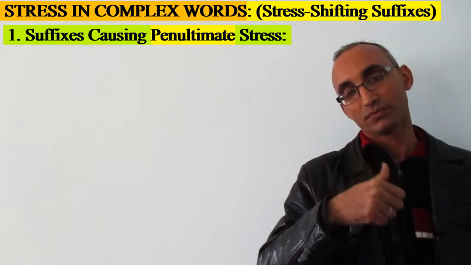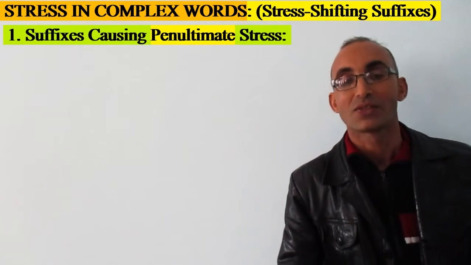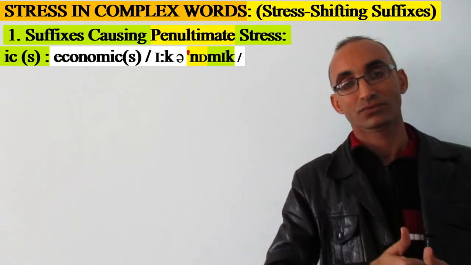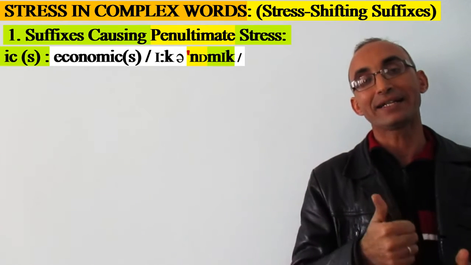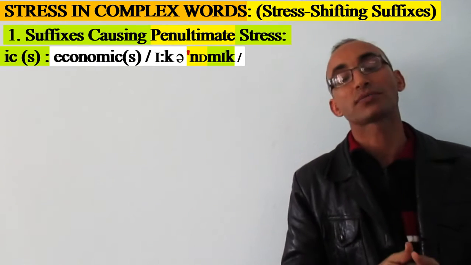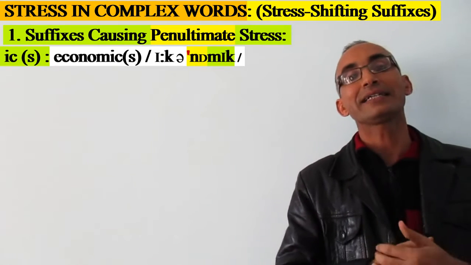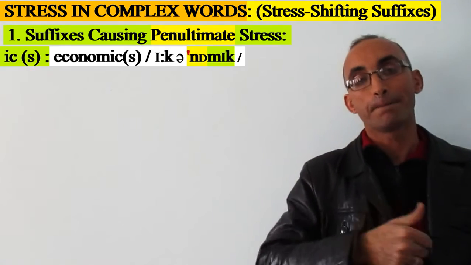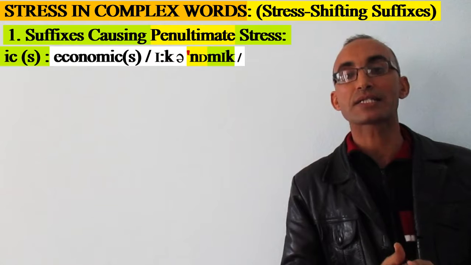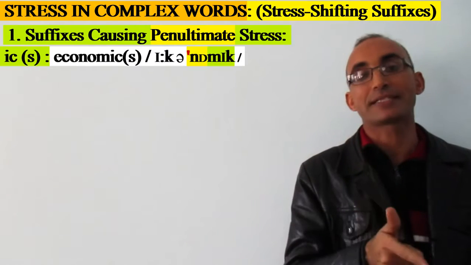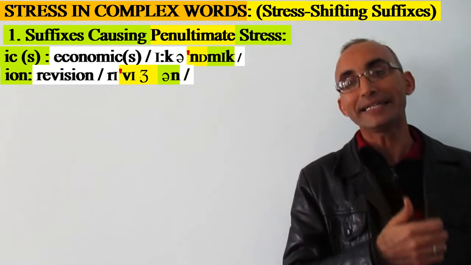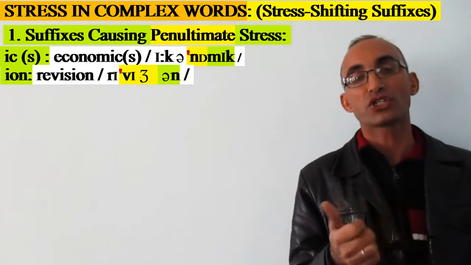So we have mainly the suffix ic. Whenever you find ic at the end of a word, we stress the syllable which comes directly before it, like in economic. Mic is the suffix, so I stress no, just before it. Also ion, like revision.